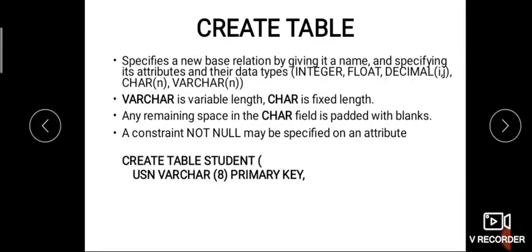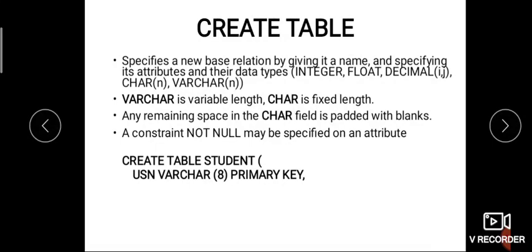For example, if in your class we list all the students, there may be repeated names, right? And there may be students with repeated percentages. There may be students with repeated date of birth, isn't it? But what data is not repeated in every student? That is the USN, right?